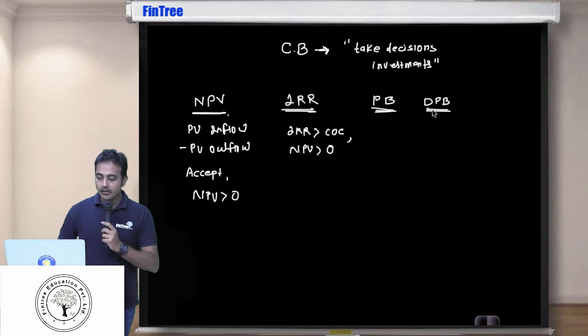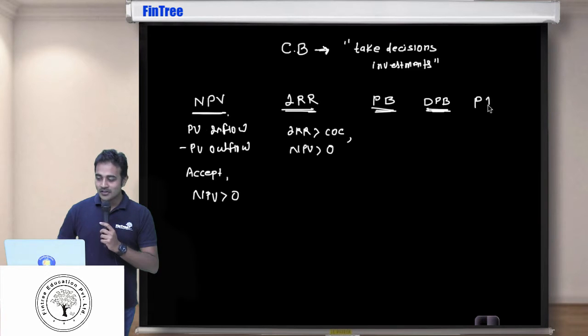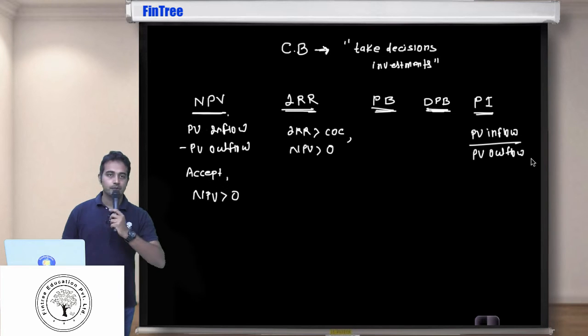We calculate these using the NPV function. And we also learned profitability index, calculated as present value of inflow divided by present value of outflow.